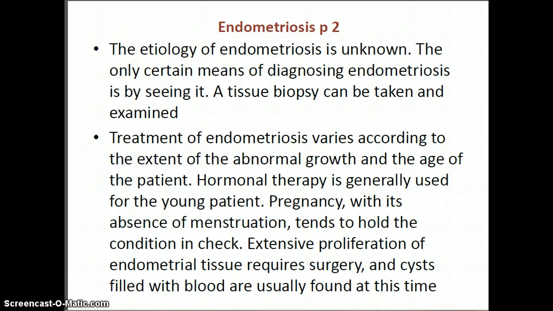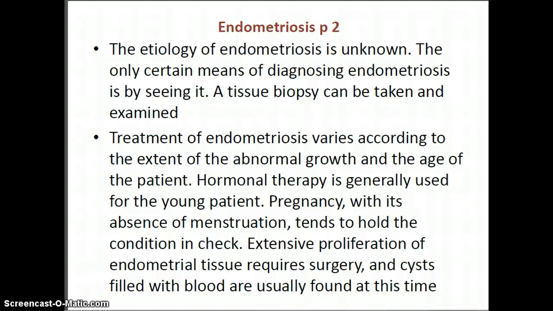The etiology is not known, and it can only be diagnosed by actually seeing the tissue, so a tissue biopsy of other tissue may be taken. Treatment varies according to the extent and the age of the patient. Hormonal therapy is used in young patients, as during pregnancy with the absence of menstruation, and some of the hormones that go along with this may keep the condition in check.